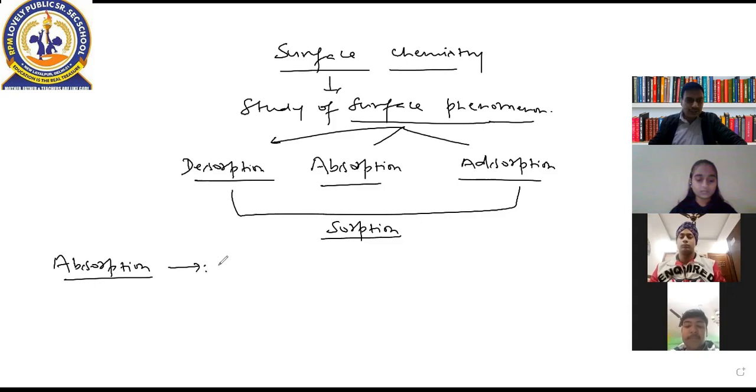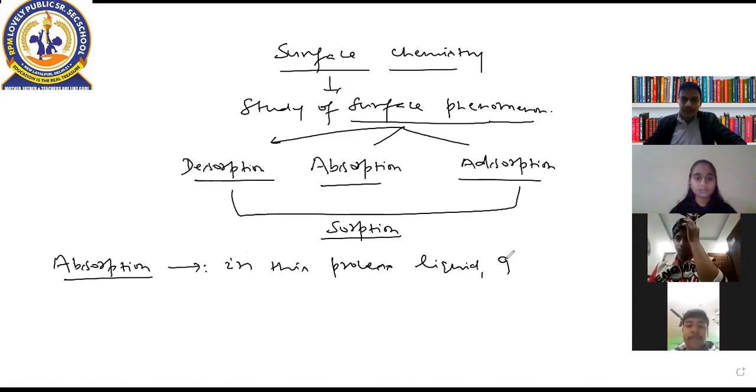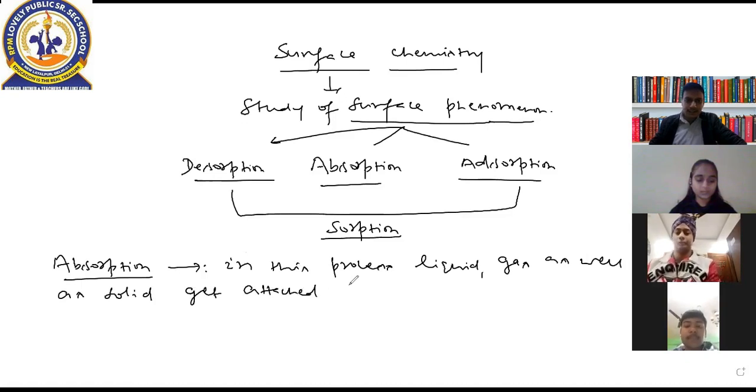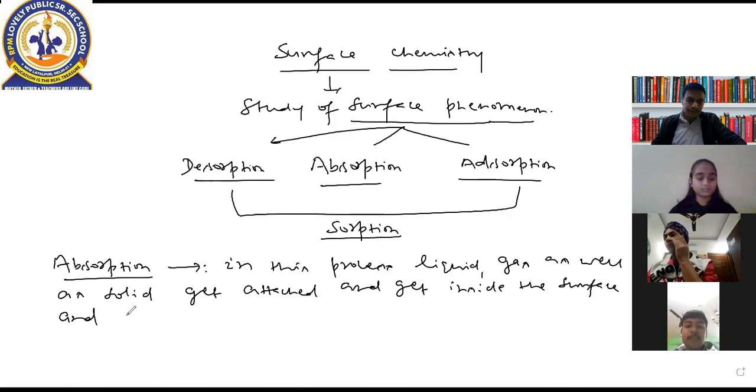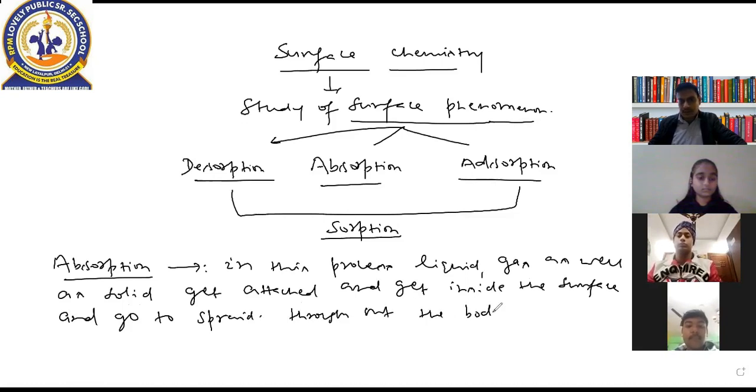In absorption, what is going on? In this process, any liquid or gas, as well as solid also, gets attached and gets inside the surface, and the surface is generally considered as the solid surface, and spreads throughout the body equally.